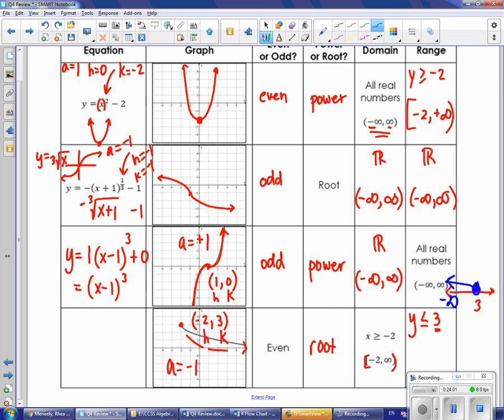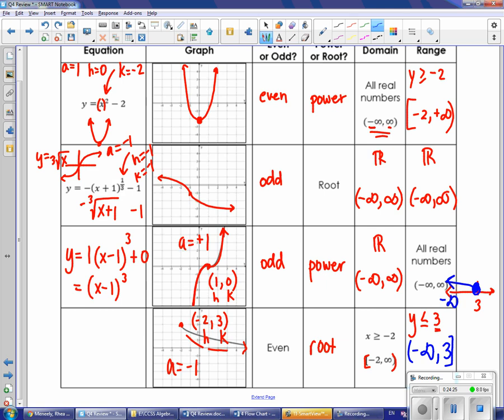So when I express this using interval notation, I'm going to have my negative infinity first and then the 3. You do want to make sure that your numbers are in order like they would be on the number line. Again, because it's never actually going to hit negative infinity, I use the curved bracket or the parentheses, and since it can equal 3, I'm going to use the bracket.